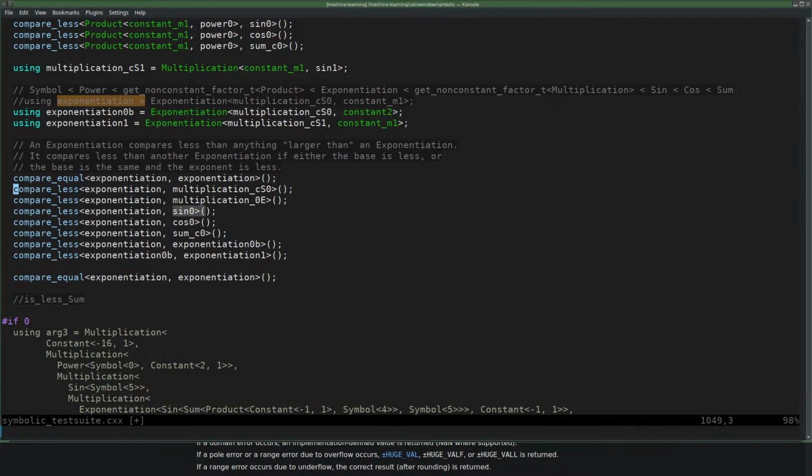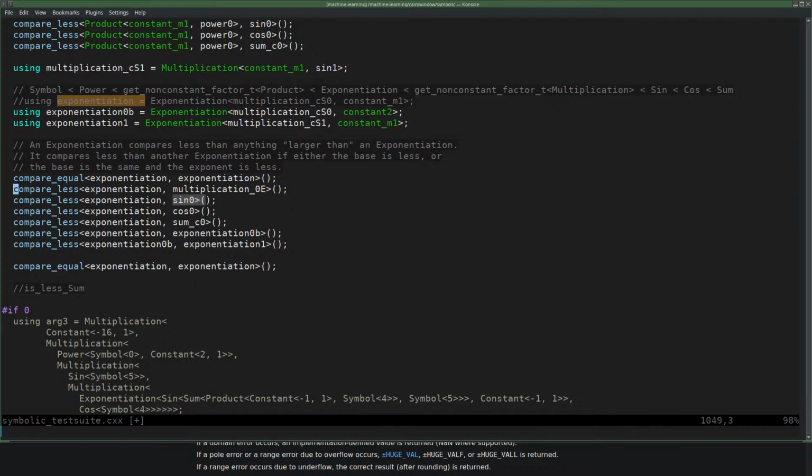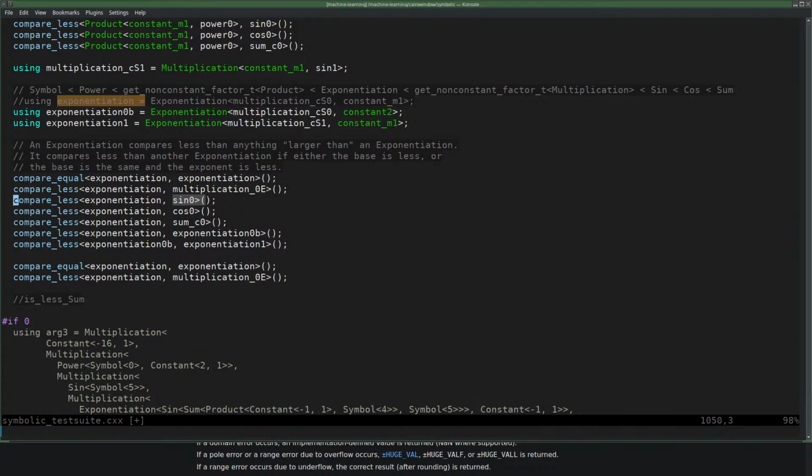Let's even repeat this one. So I do multiplication with a multiplication. Now I can just copy everything, right? So we do differentiation. Yeah, I think I can copy everything.